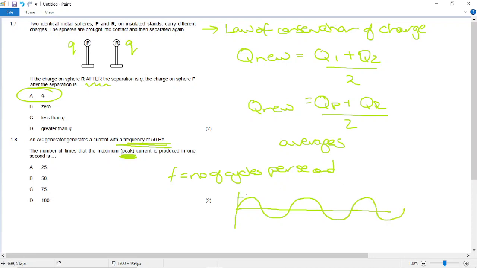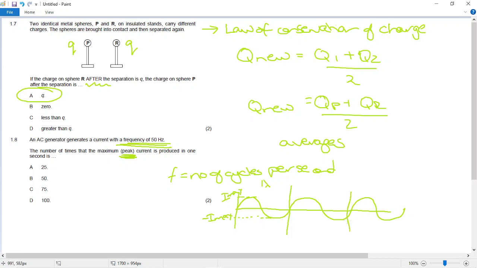And technically, this is I max, and this one is minus I max. But in actual fact, these are both the peak current, because in terms of the appliance using it, this will be the peak usage. So in every one wave, can you see this is 1 lambda?